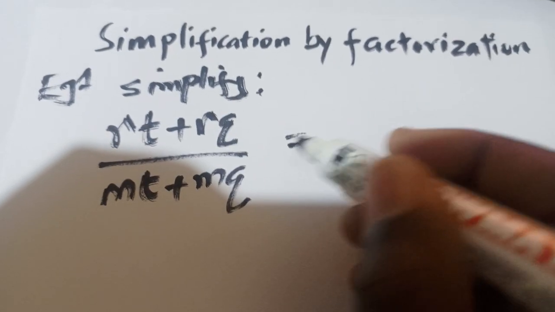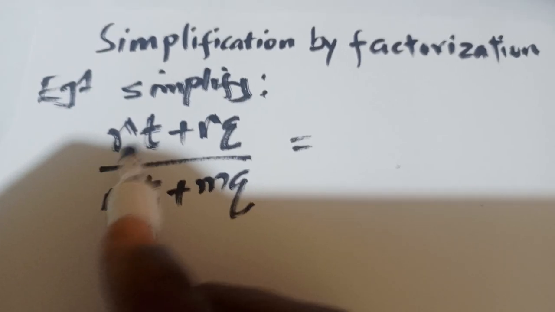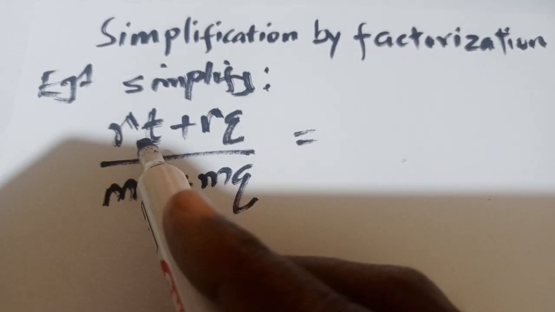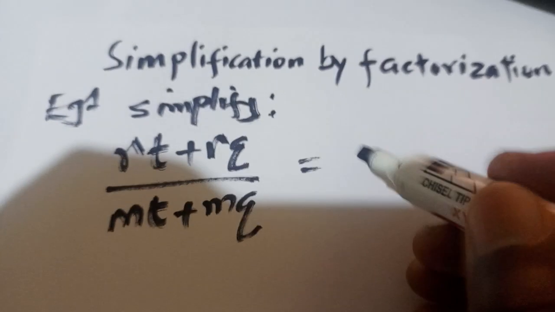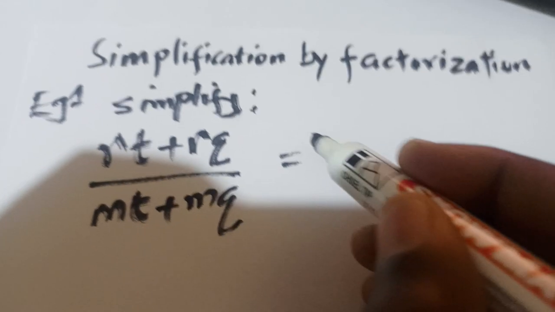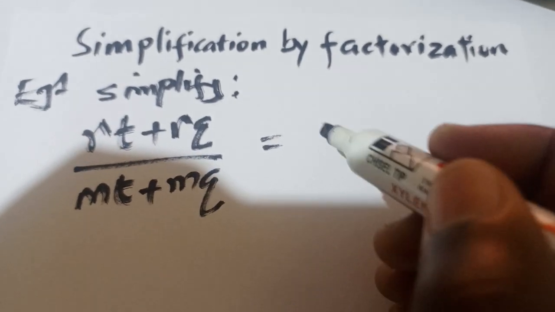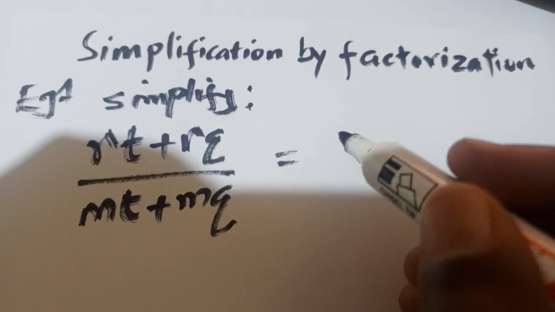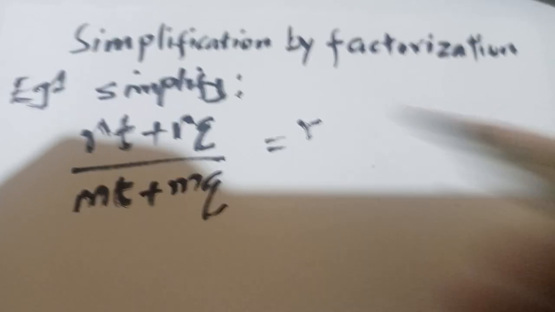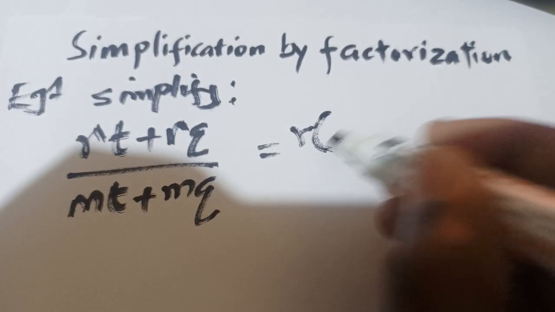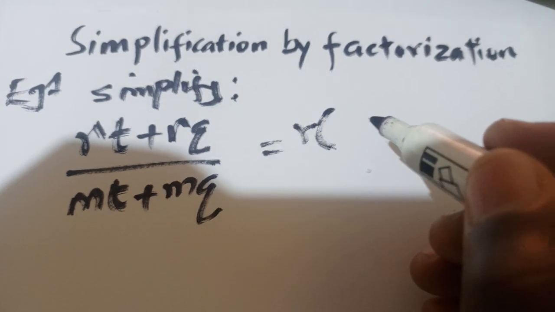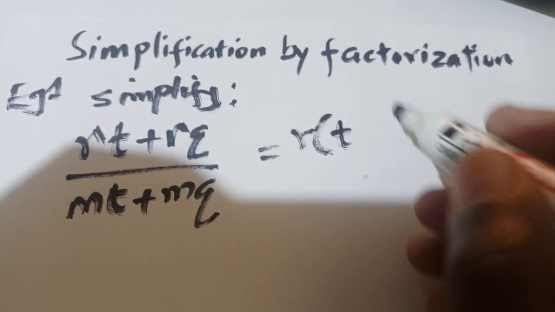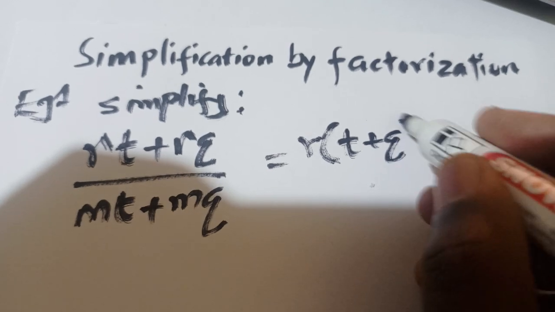To factorize the numerator, of course we look for a common factor between the two terms. As you can see here, it is clearly visible that the common term is actually R. So we put R outside the bracket, and in the bracket we remain with T plus Q.